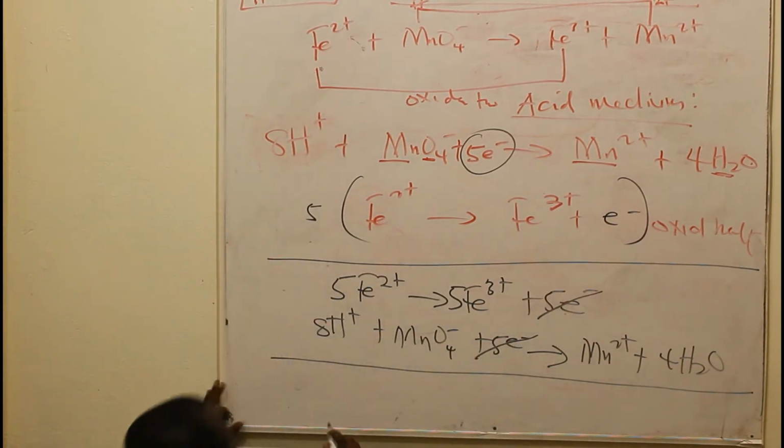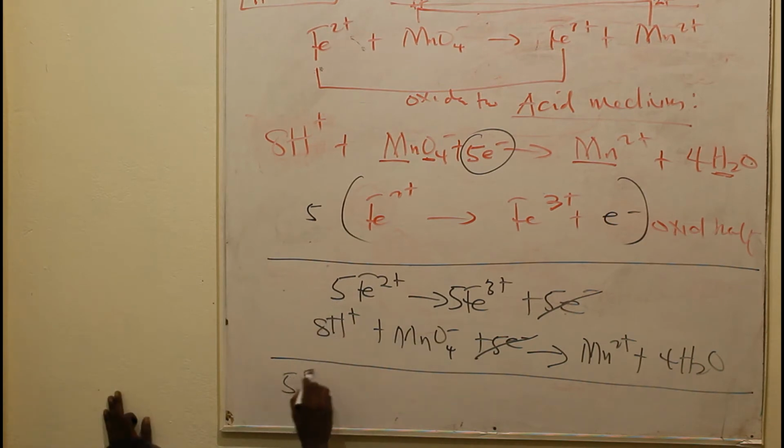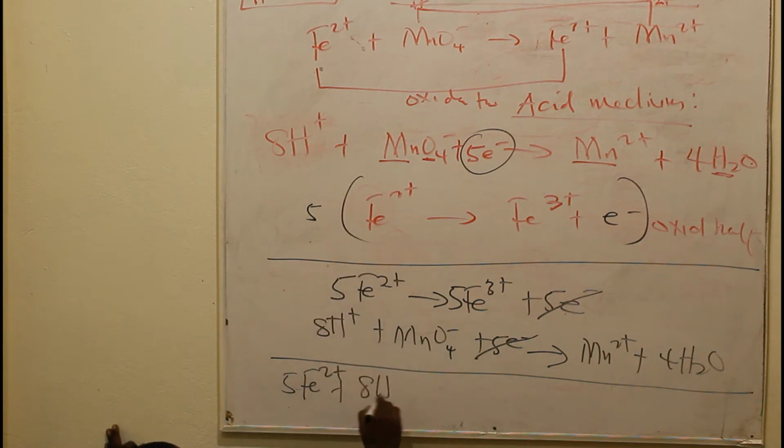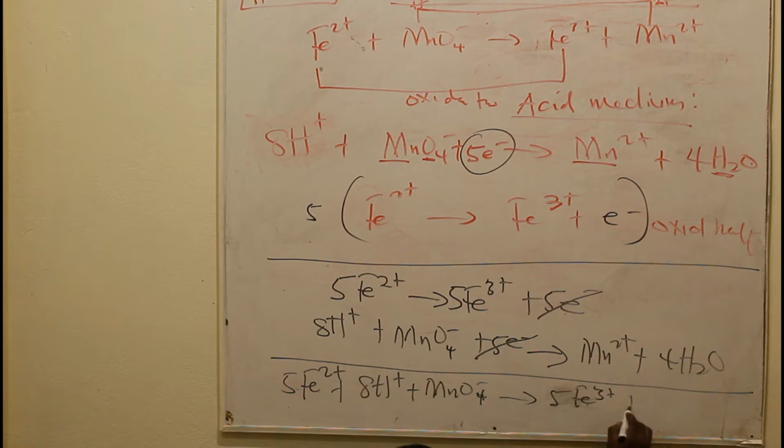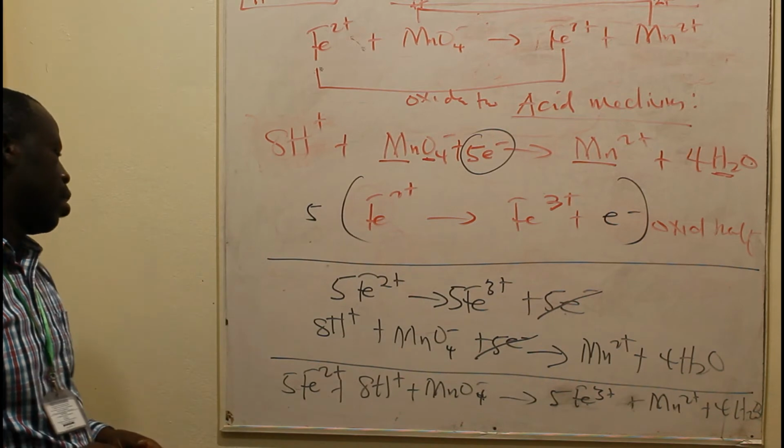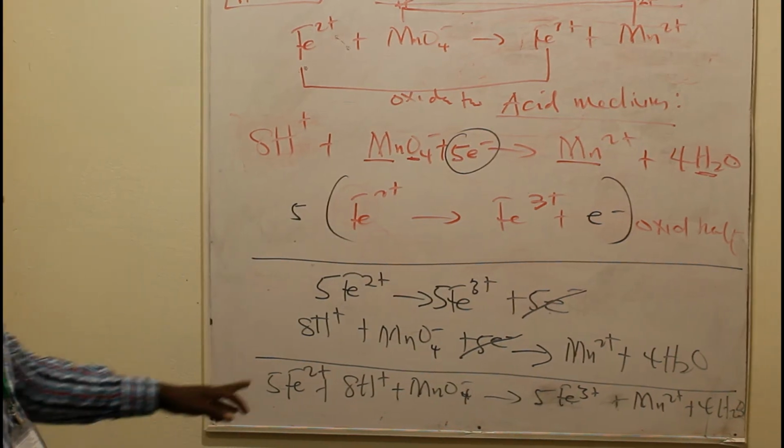So at the end, we're going to have 5 Fe2+ plus 8 H+ plus MnO4- to give you 5 Fe3+ plus Mn2+ plus 4 water. This is a balanced chemical equation. So check the charges.